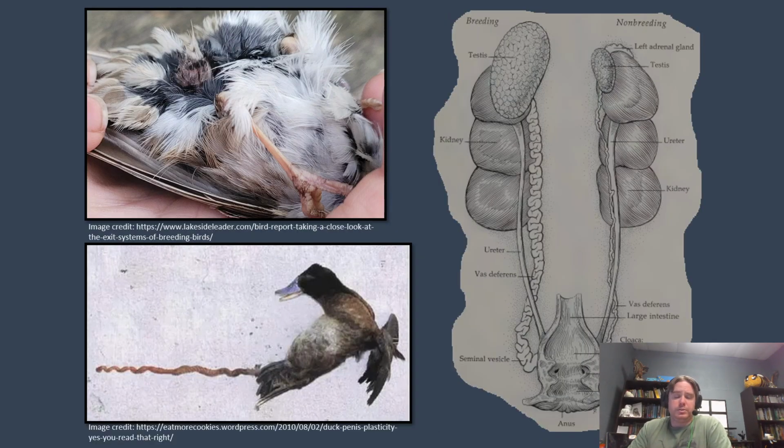Okay, now let's look at some reproductive systems. We'll look at the male and female and talk about those. Here we can see the male reproductive system, and you see that it's mirrored. The male has two testes that produce sperm, of course, and sperm in most birds are fairly simple, like a long head with a filament.